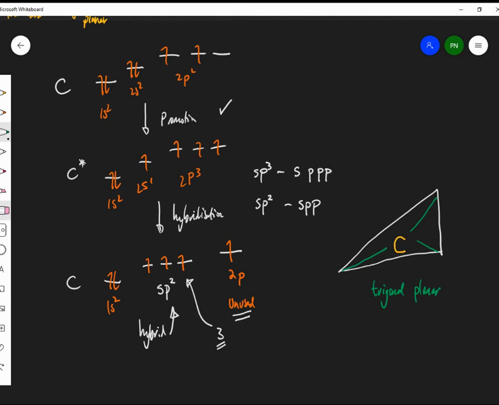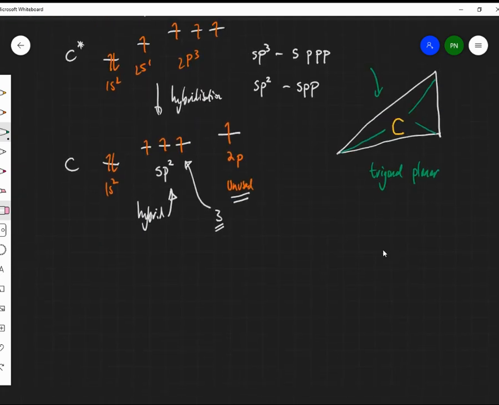It's not very helpful, this diagram, is it? So what I'm going to do is look at the carbon from the top. It would look like this. It would be like that from the top, but it's in a plane.